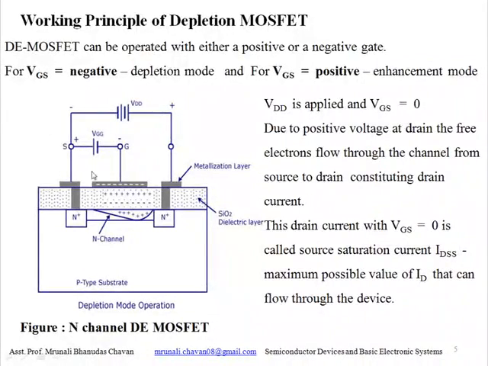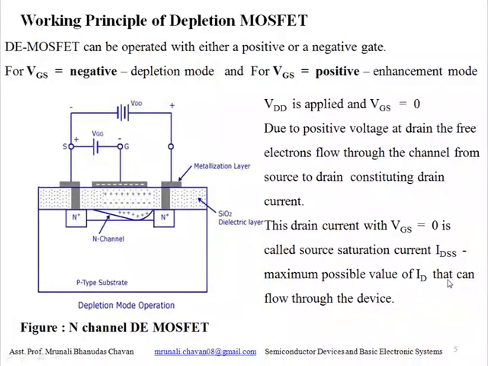This drain current with VGS 0 is called the source saturation current, that is IDSS.